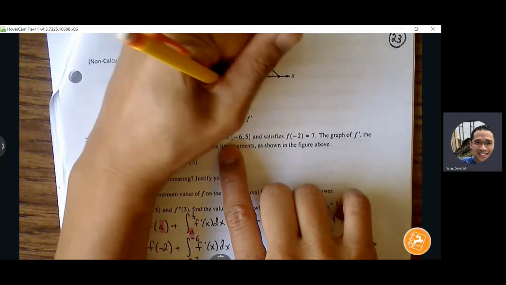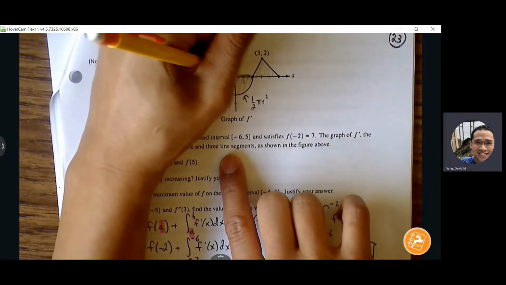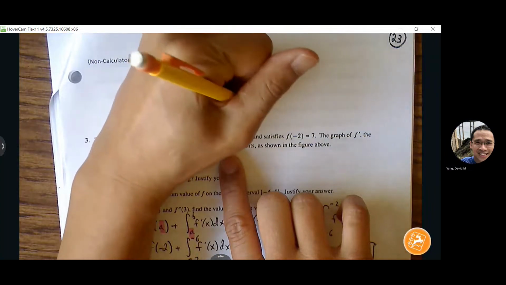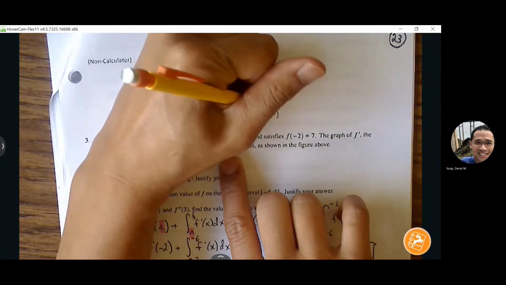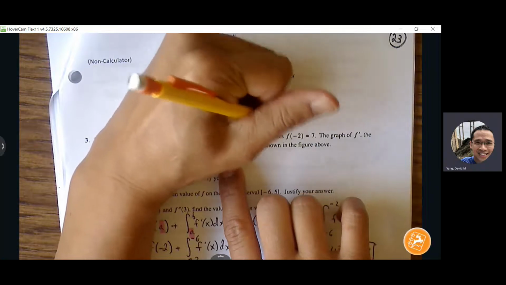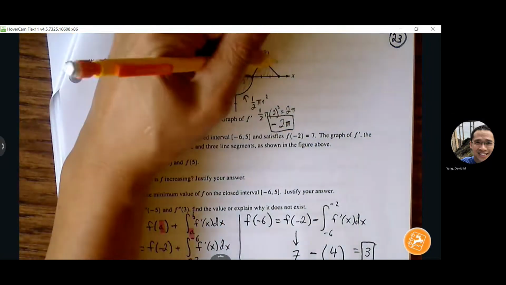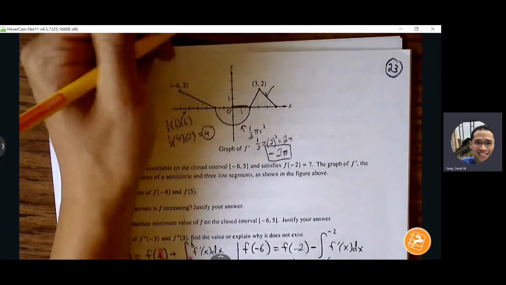Okay, semicircle is 1/2 pi r squared. The radius of my semicircle is 2. But it's negative 2 pi because it's below the x-axis. One half base times height.